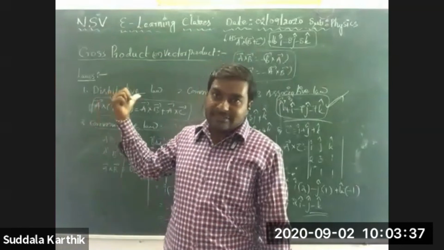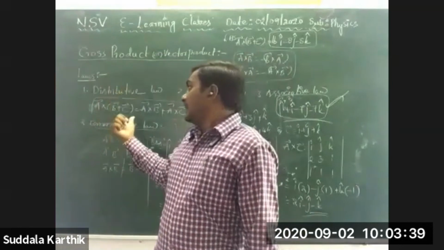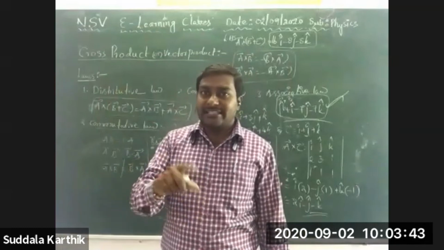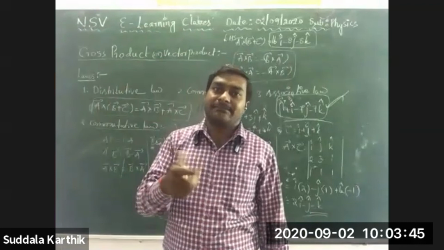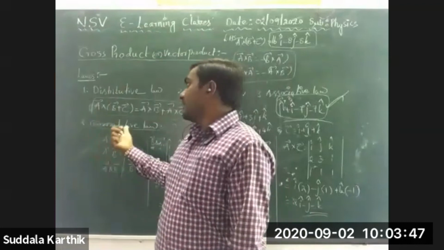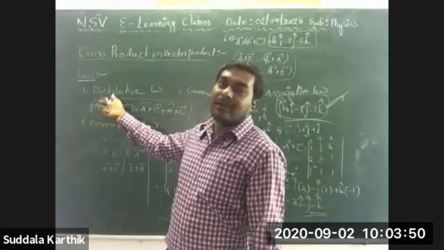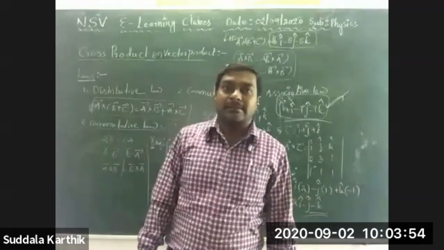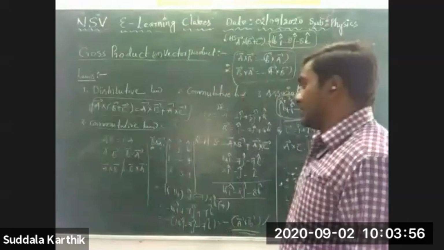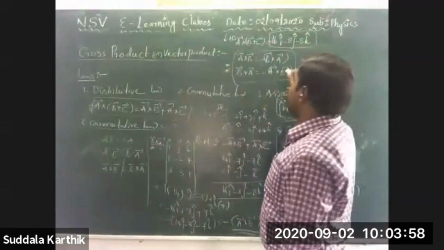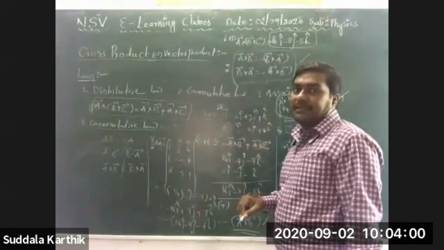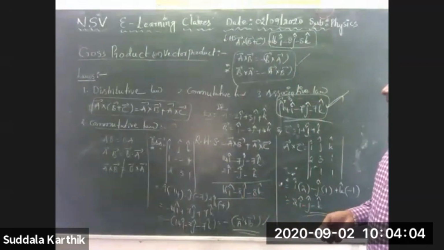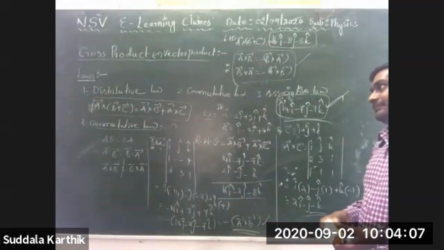Here also similar. The distributive law is same for all, but the commutative law is different for the vector product. So A bar cross B bar is equal to minus of B bar cross A bar, or B bar cross A bar is equal to minus of A bar cross B bar.